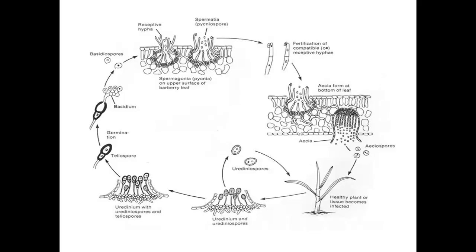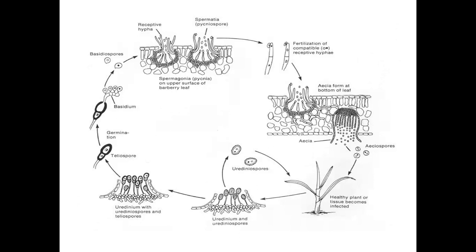Or this is a disease cycle of wheat rust pathogens, where different stages are completed in the life cycle of the rust pathogen.